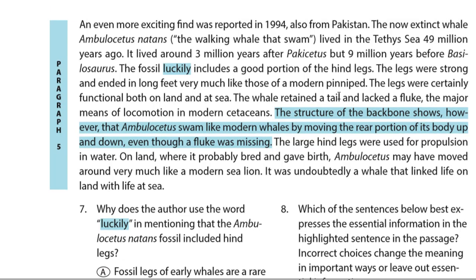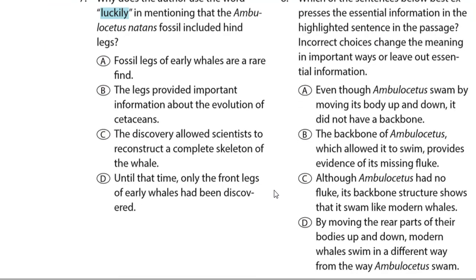Okay, the structure of the backbone shows how Ambulocetus swam like modern whales by moving the rear portion of its body up and down, even though a fluke was missing. A. Even though Ambulocetus swam by moving its body up and down, it did not have a backbone.